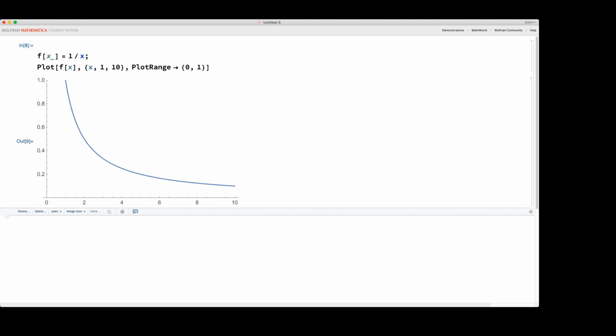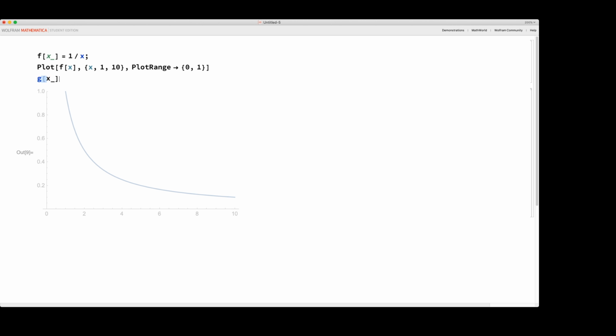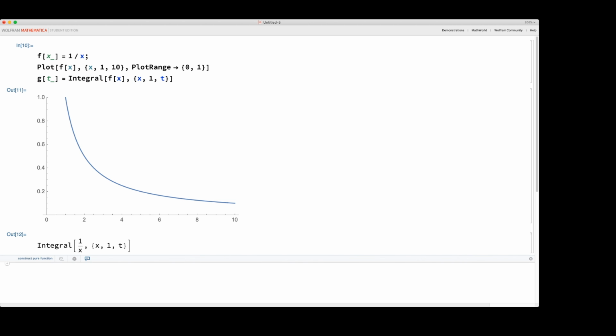But that's not how math works. So let me define a new function, g of t, which is the integral of f of x from 1 to t.